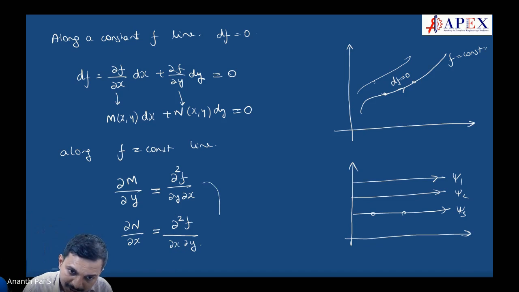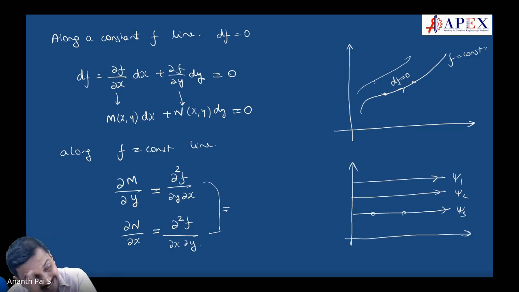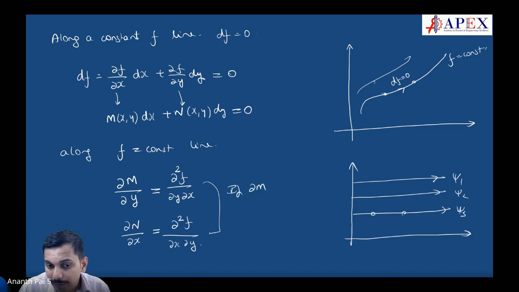Now, if these both are equal, then it is called an exact differential. If those both are not equal, then it is called an inexact differential. I'll write this here: if dou m by dou y is equal to dou n by dou x, then df is an exact differential.